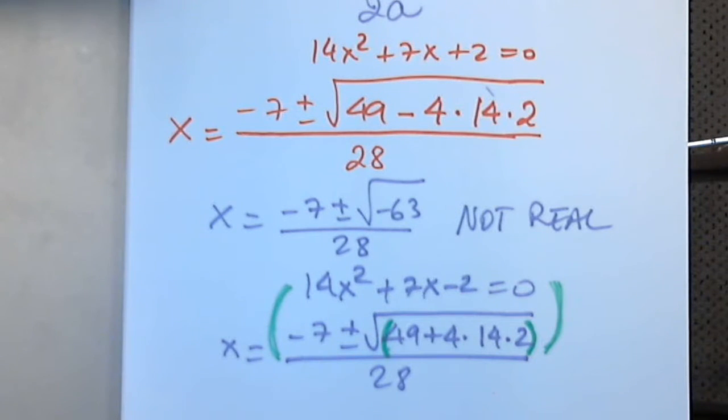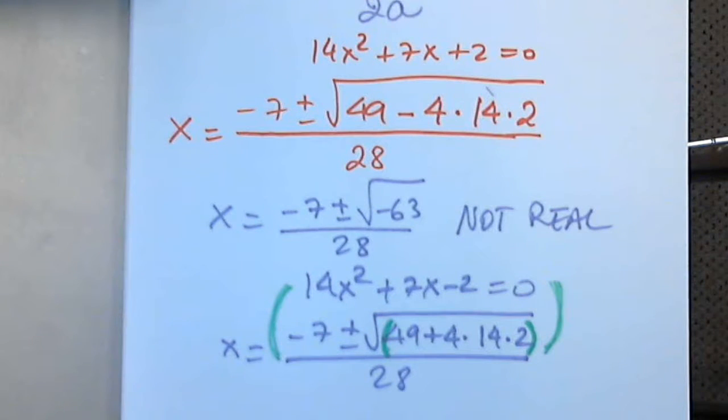Good. So left parenthesis, negative 7, and then plus the square root, parentheses, 49, plus, I'm going to say 14 times 8, because that's what it is.